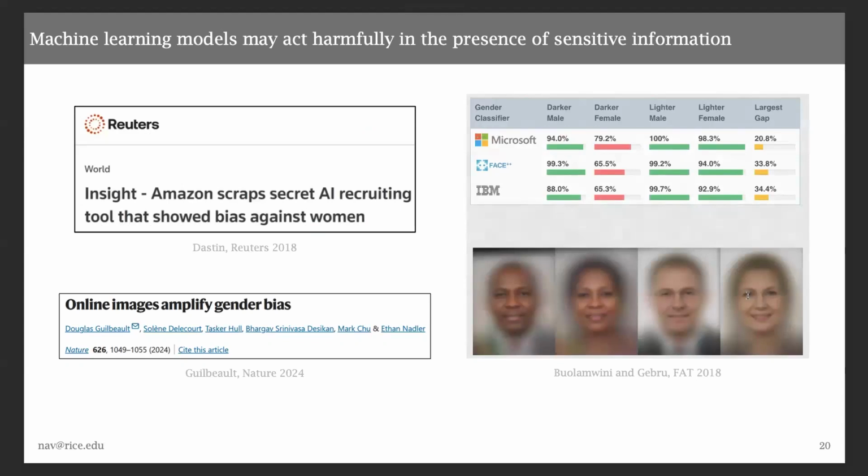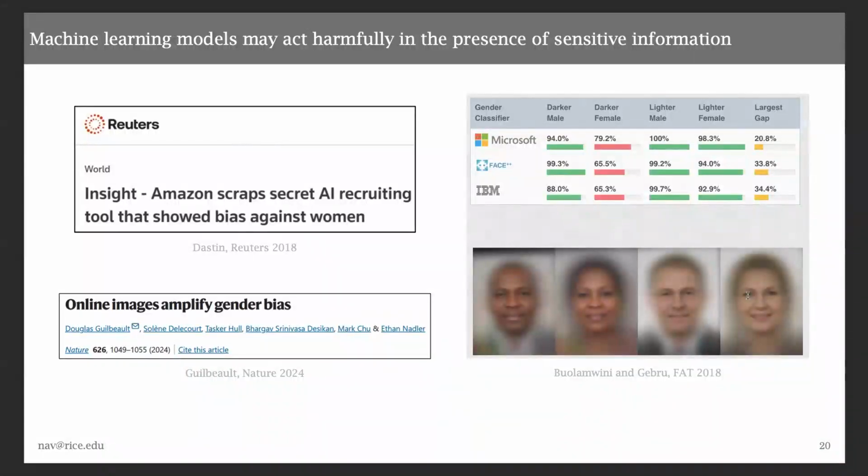So we need ways to be able to remove biases from data so that we can obtain models that are fair. Because we can't just drop sensitive features because they might be correlated with other features in the data. So we need a way to debias data so that we can obtain fair models.